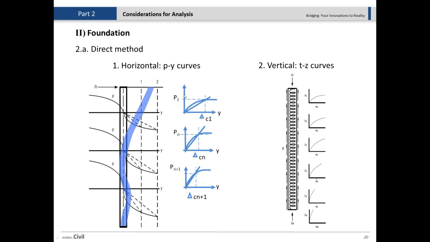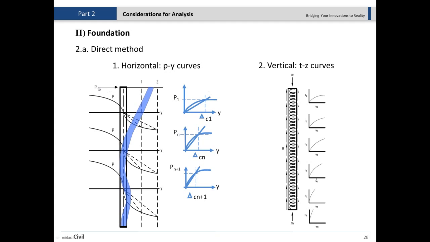For example, here in this curve, P versus Y, which is load versus displacement, I can find the linear slope of this soil as a spring, like when I'm connecting this point to that point. And as you can see, as I'm going deeper, it's going to be steeper, with a larger steepness. The same story goes for the vertical or frictional stiffness, for which we have to use the TZ curve.